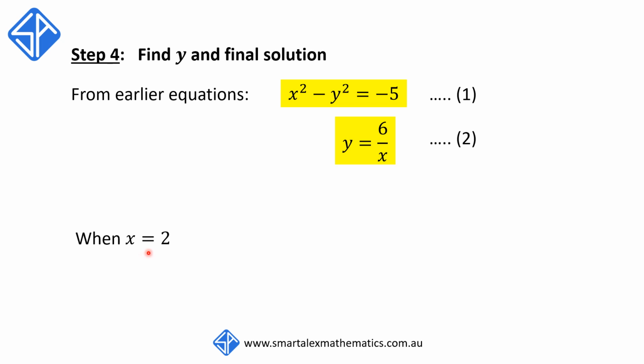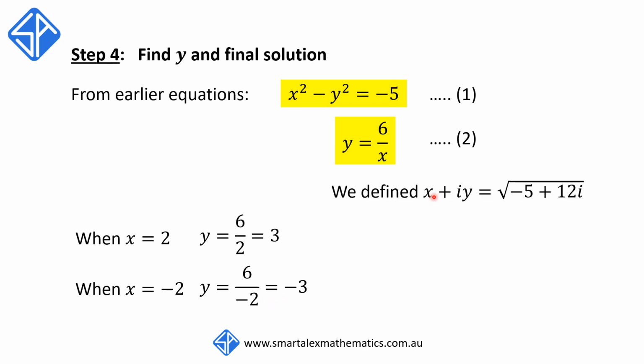So when x is equal to 2, we're going to sub into the second equation, and we're going to get y is equal to 6 divided by 2, which is equal to 3. Or when x is equal to negative 2, again substituting into the second equation, we're going to get y is equal to 6 divided by negative 2, which is equal to negative 3.